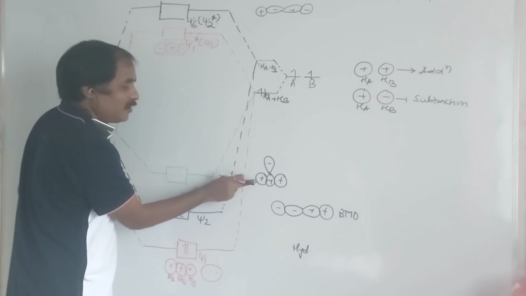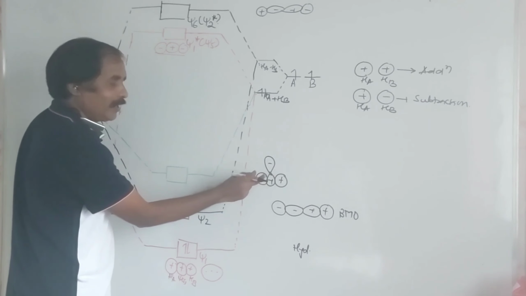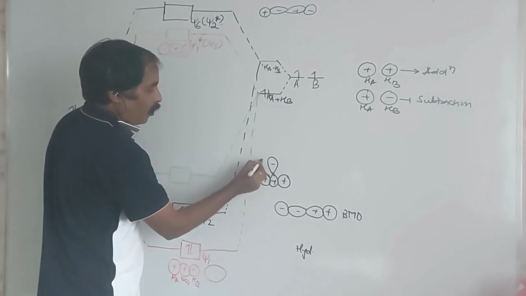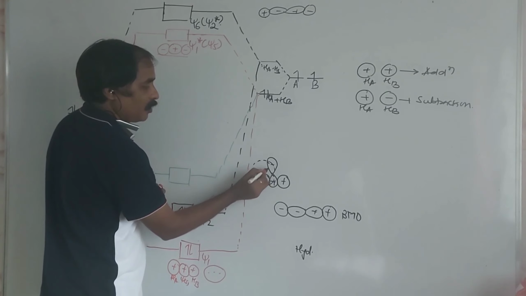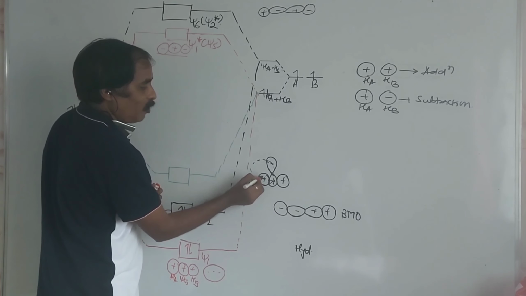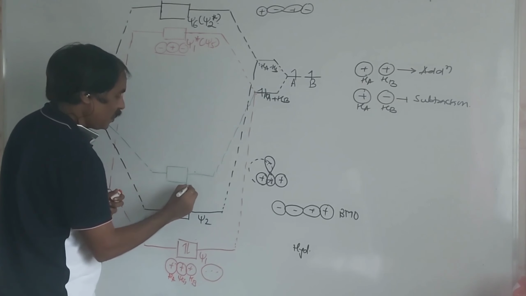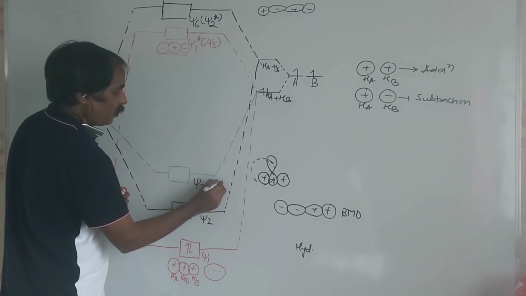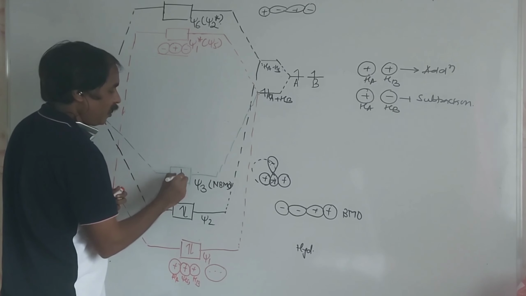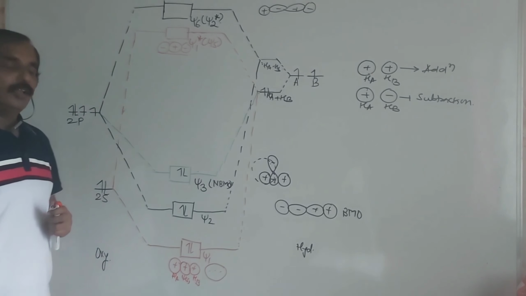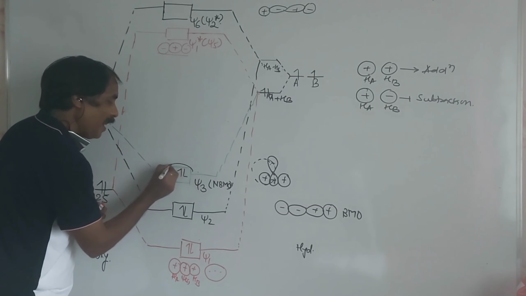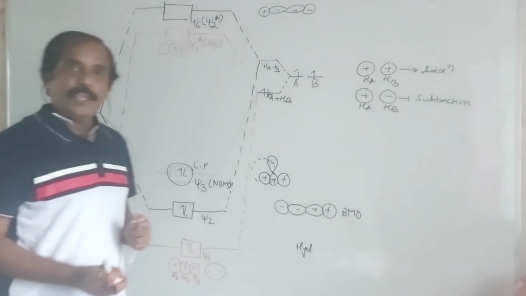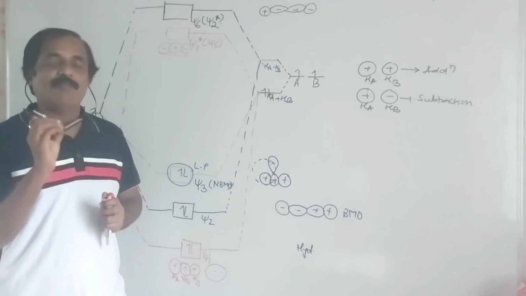At the lower side there is an addition, positive, positive, positive, and we can say bonding molecular orbital. But actually what happens? Overlapping is like this. Positive-positive is neutralized by positive-negative. So this psi3 is a nearly non-bonding molecular orbital, and this pair we can treat as a lone pair of electrons. If bonding is there, only a trace amount of bonding will be there.